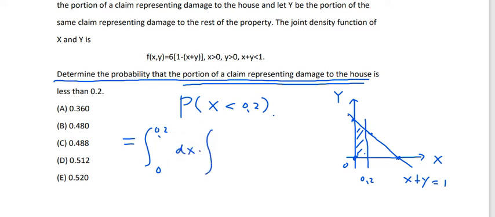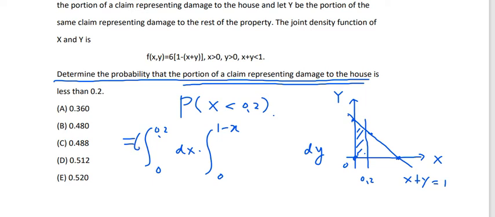Then for this x, y is from 0 to 1 minus x, so dy. Then we plug in the density function, which is 6.